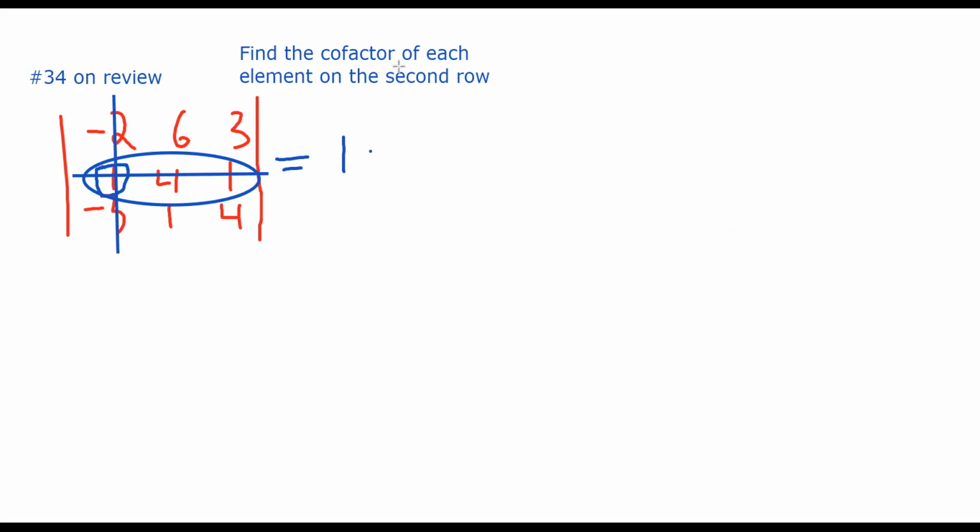And we would multiply by the determinant of the leftover matrix, which would be 6, 4, I'm sorry, 3, 1, and 4.